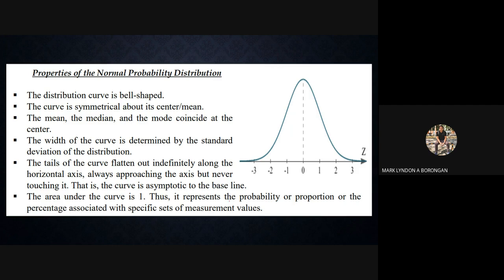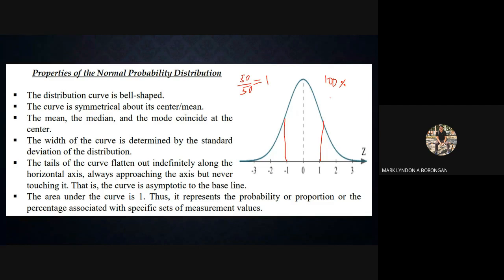So this curve's total area is always just 1, because that is the total probability, like for example 50-50. It is 1, or let's say for example you have a 100% chance. If you flip a coin, it's either heads or tails, so the chance is 50-50.